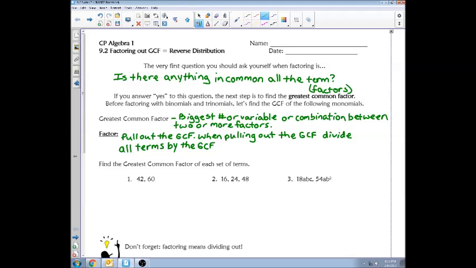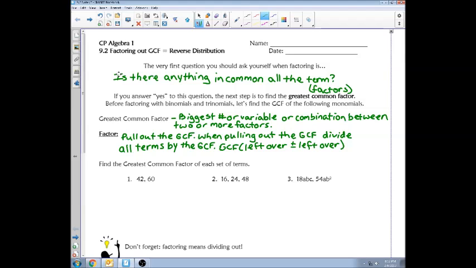When I get done, what it's going to look like is the GCF times what's left over from one term, plus or minus what's left over from another term, and if you had another term on top of that, it would be what's left over from that term as well.